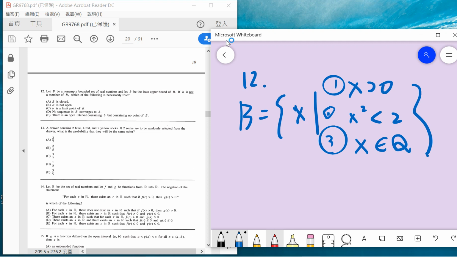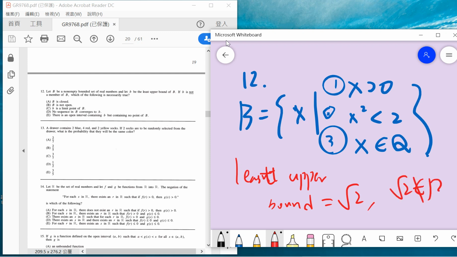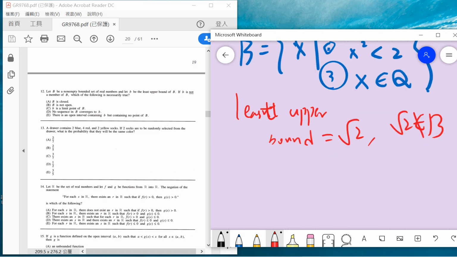So basically the least upper bound, you all know, is the square root of 2, but square root of 2 is not in S. Okay, so the first one is S is closed. No, right? Because now what I take is this one to square root of 2, and attach all the irrationals here. So A, S is closed, is not true.